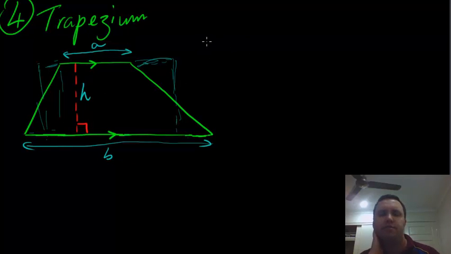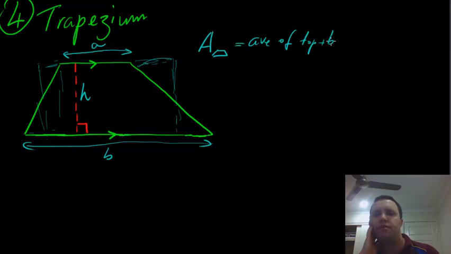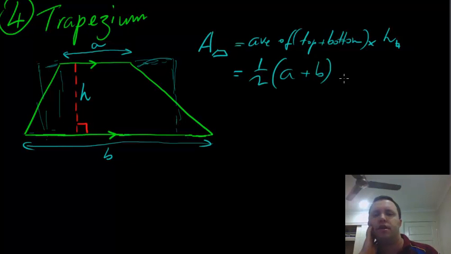So the area of our trapezium is equal to the average of the top and bottom times the perpendicular height. Remember, averages of two things, you add them both up, divide by 2, so it's half of a plus b times the perpendicular height.